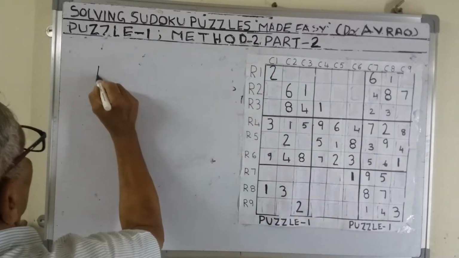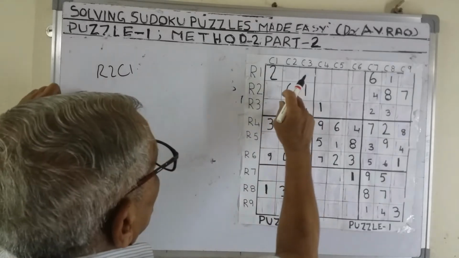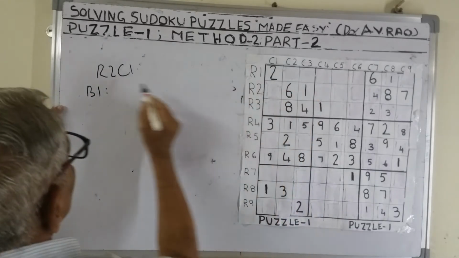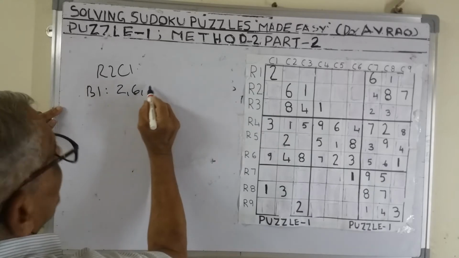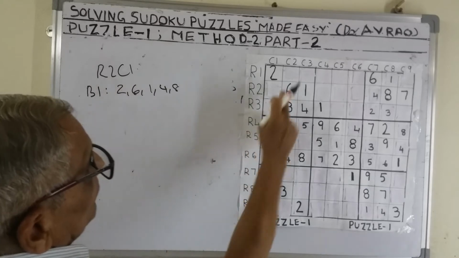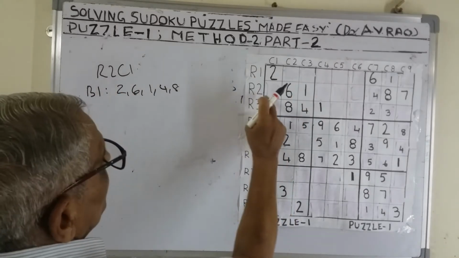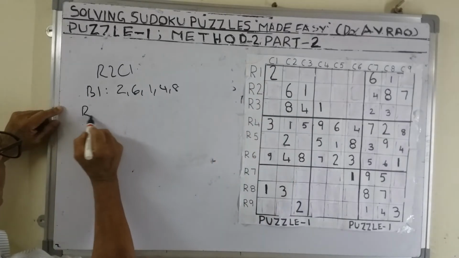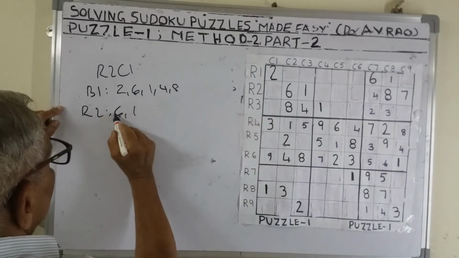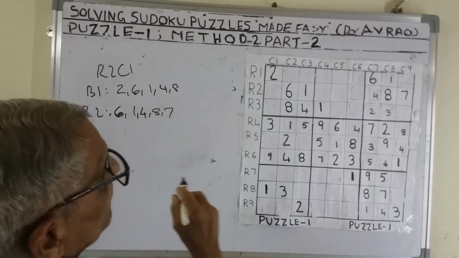Cell R2C1, we have to fill it. It is in box 1, B1. What are the numbers? 2, 6, 1, 4 and 8. So R2C1 lies in row R2. What are the numbers in R2? 6, 1, 4, 8 and 7.